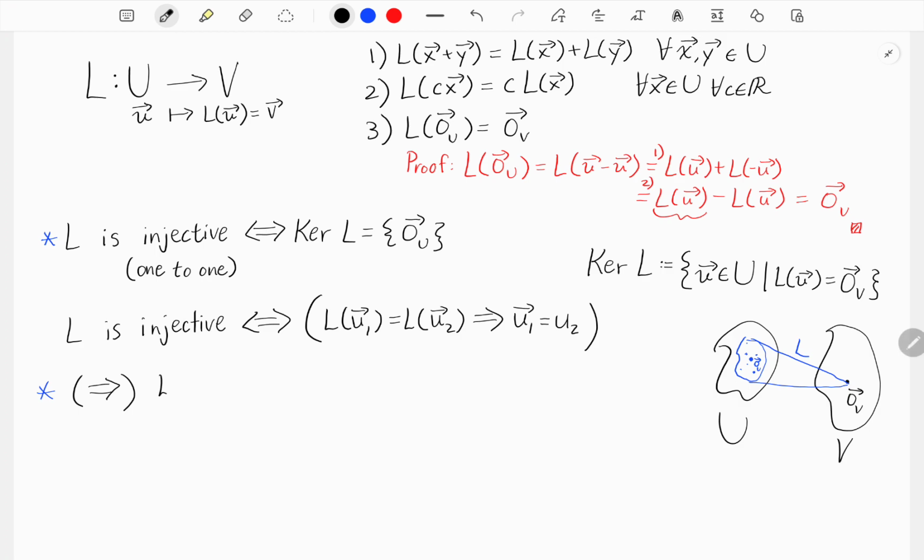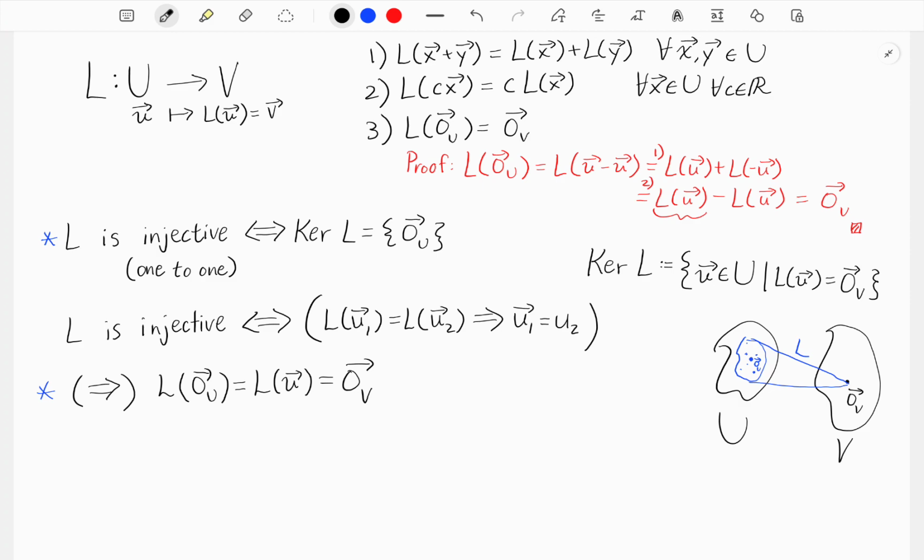That means we know that L of 0u, suppose it equals some other little u in big U, which is equal to 0v. Okay. So L of 0u is always going to be 0v, but let's say that equals L of little u, arbitrary u.